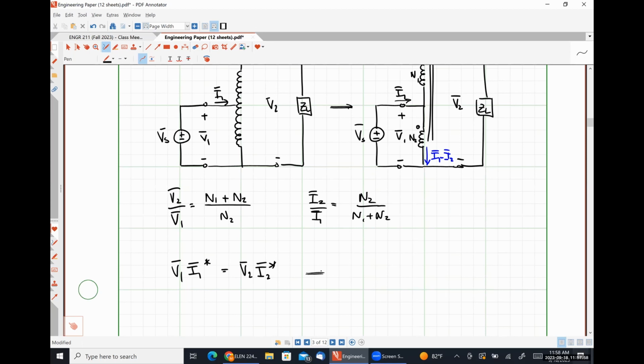So we can rearrange this and find that the ratio of I2 to I1 conjugate is going to be equal to V1 over V2. So that means that we just take the reciprocal of our voltage. This is technically only true for ideal transformers, where we're not taking into account any losses that occur internal to the transformer. James, what's up?